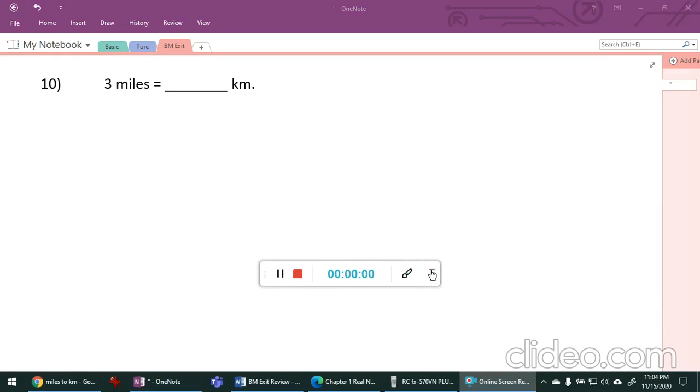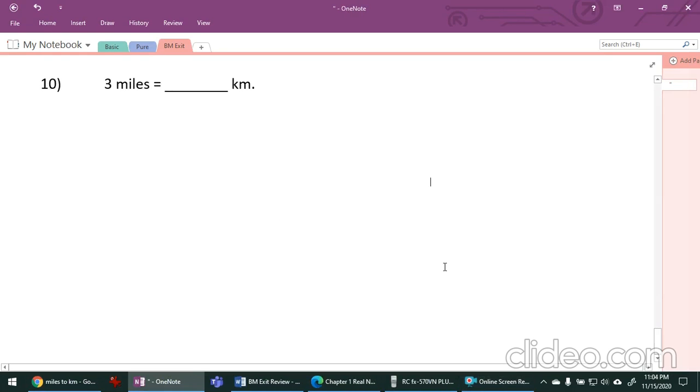Question number 10 is mile to kilometer. How to change from miles to kilometer? Okay, you have to multiply with 1.609. Okay, mile to kilometer. So we have 3 miles. So 3 into 1.609.